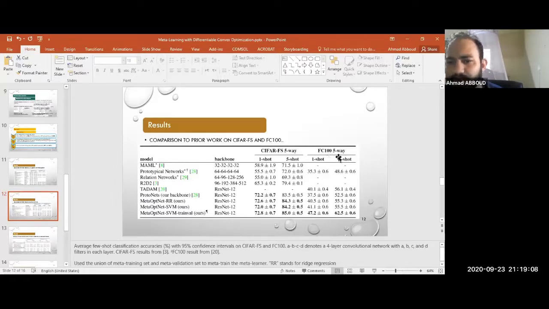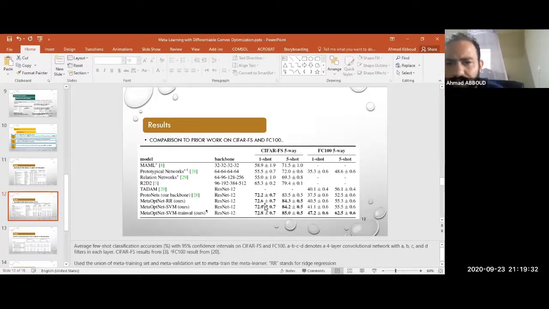For FC100, they also use 1 shot and 5 shot, and they compare it to MAML, prototypical network, relational network, R2D2, MetaOptNet with ridge regression, MetaOptNet with SVM, and MetaOptNet with SVM trained on the validation set.